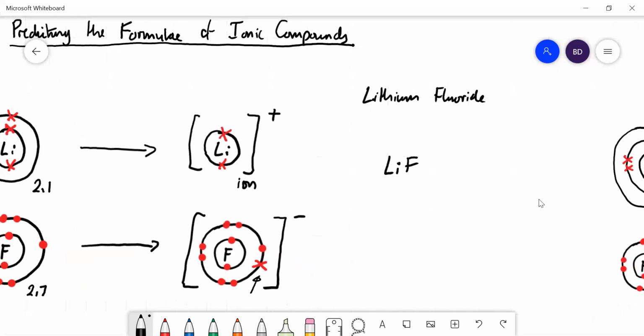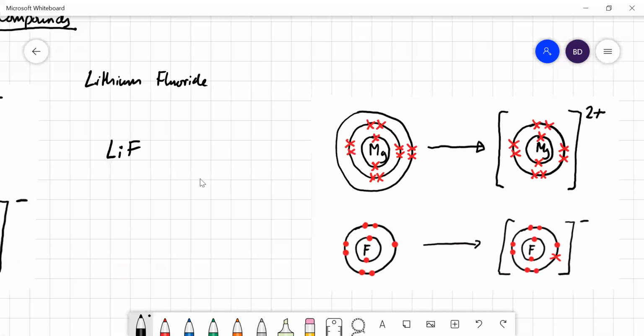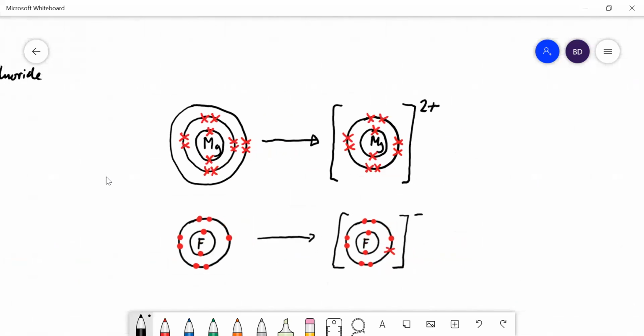Now let's look at another example. We're going to have magnesium fluoride this time instead of lithium fluoride. Magnesium, group 2, atomic number 12, has an electronic structure of 2, 8, 2. It's going to want to lose 2 electrons, and it's going to form the 2 plus ion. Now each fluorine is 2, 7, so each fluorine only wants to gain 1 electron, but the magnesium wants to give away 2.